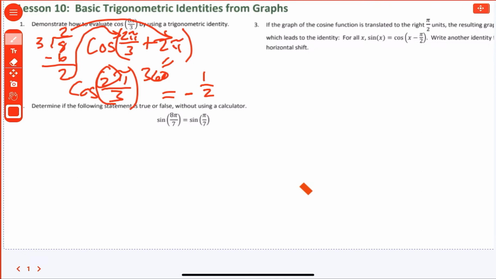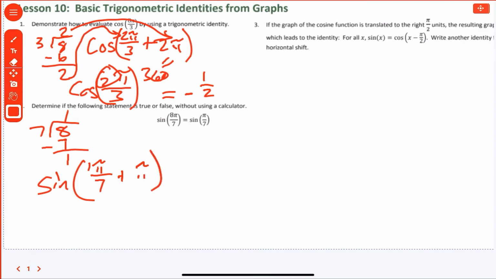Now, number 2 says, determine if the following statement is true without using a calculator. Is the sine of 8 pi over 7 equal to the sine of pi over 7? Well, like I said earlier, we're going to divide. How many times will 7 go into 8? 1 time with 1 left over. So that sine is going to be pi over 7 plus pi, right?